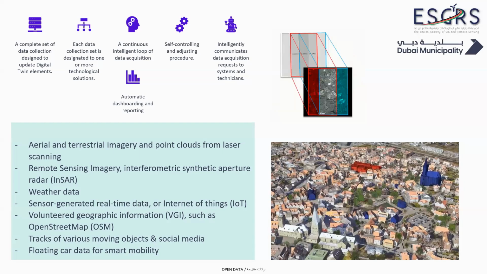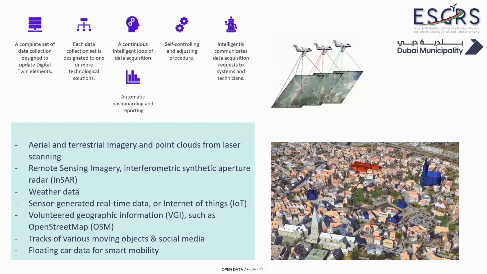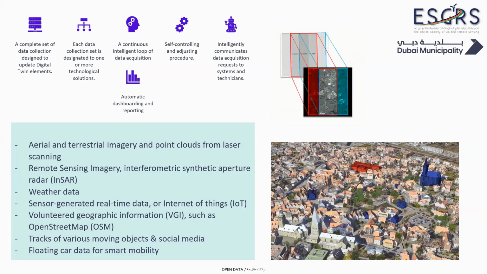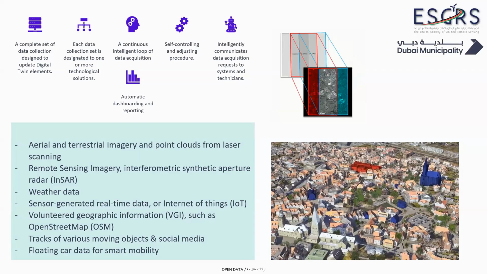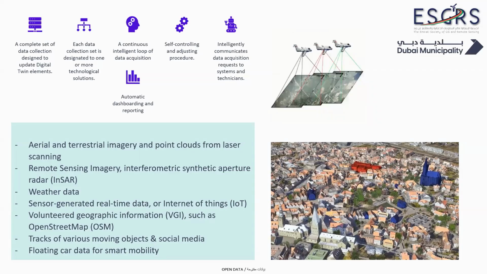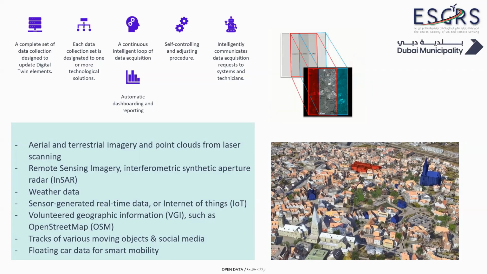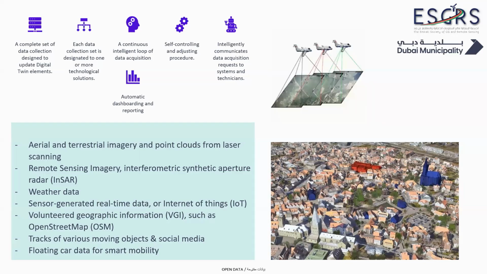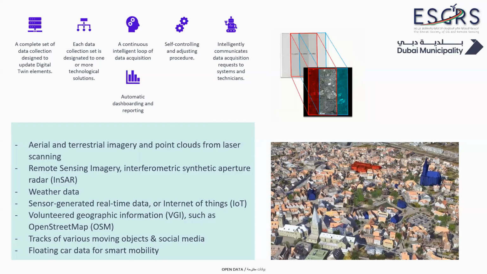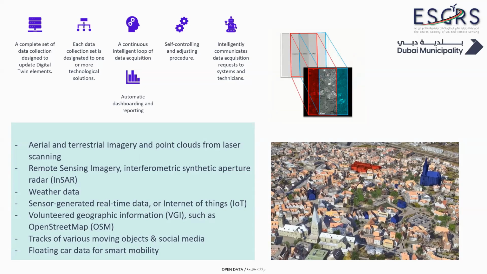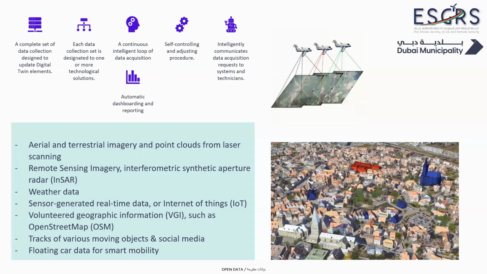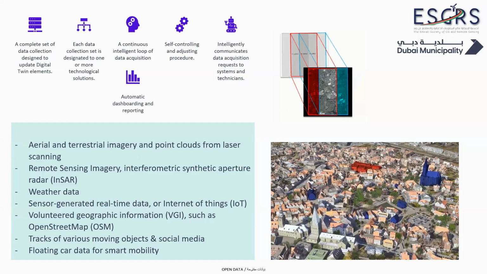Why? To get better resolution, to get precise 3D information for the city and get it updated. That one you cannot get from satellite images. And you cannot do it using land surveying, because land surveying will be good only for cadastral, and it's very expensive. So a complete set of data collection designed to update digital twins.